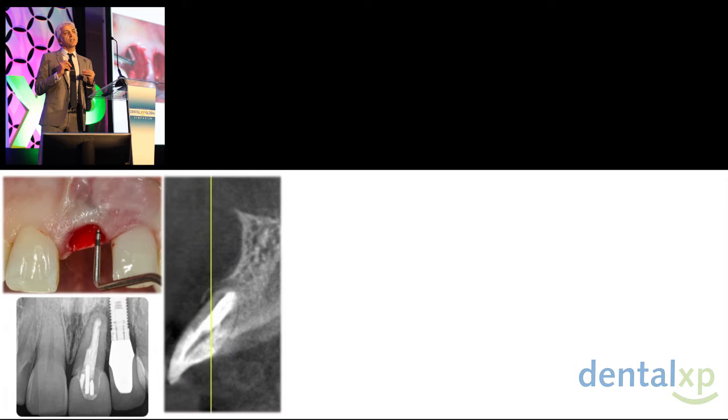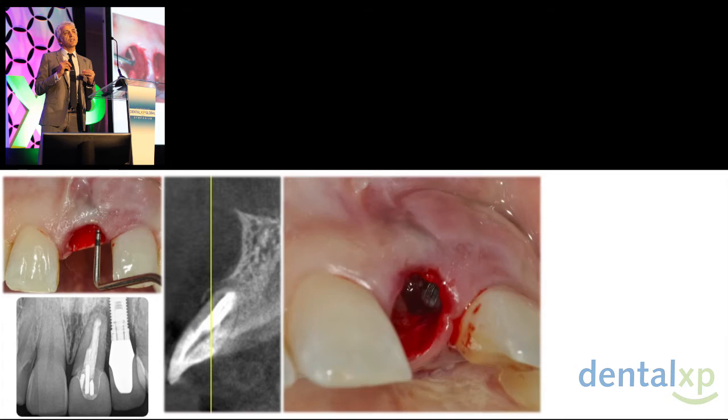We try to address it. You can see from the CBCT that there's bone loss to the apex of the central incisor. And when we look through the socket, we can see a significant amount of exposed bone. We know that we're going to have major collapse of the soft tissues and bone following this extraction.